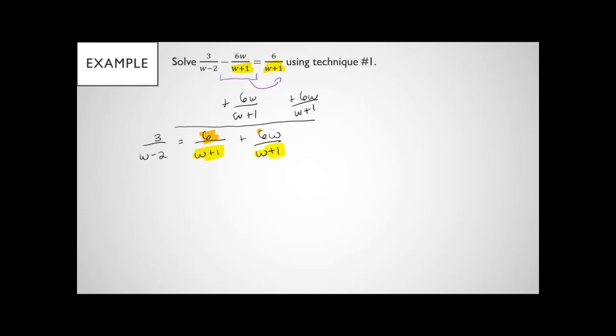So we'd be adding these together to combine it into a single fraction. So I have 3 over w minus 2, and then 6 and 6w are not like terms, so you're just literally writing them. You're just making one single fraction out of what you had already.